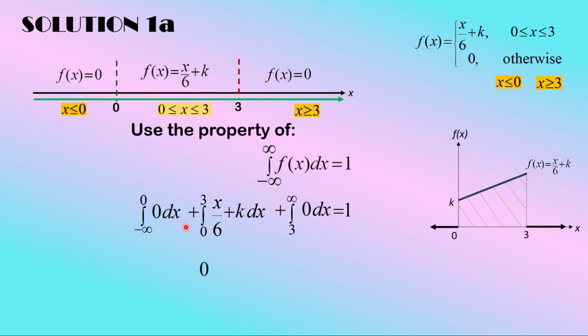As a result, the first integration becomes 0, and the second is x squared over 6 times 2 plus kx from the limit 0 to 3, and then plus 0 equals 1.